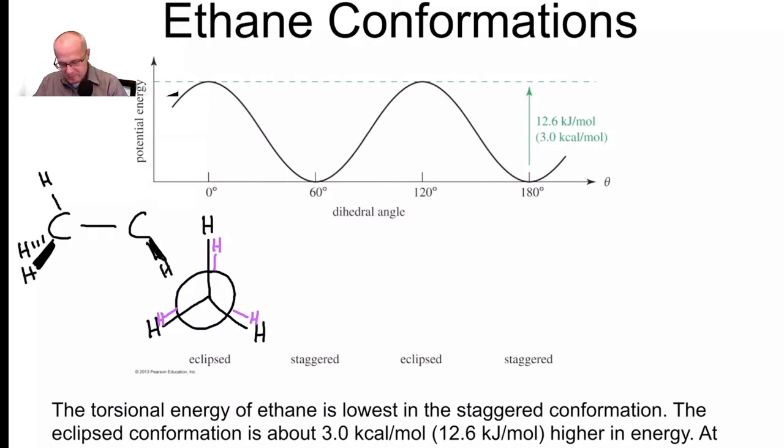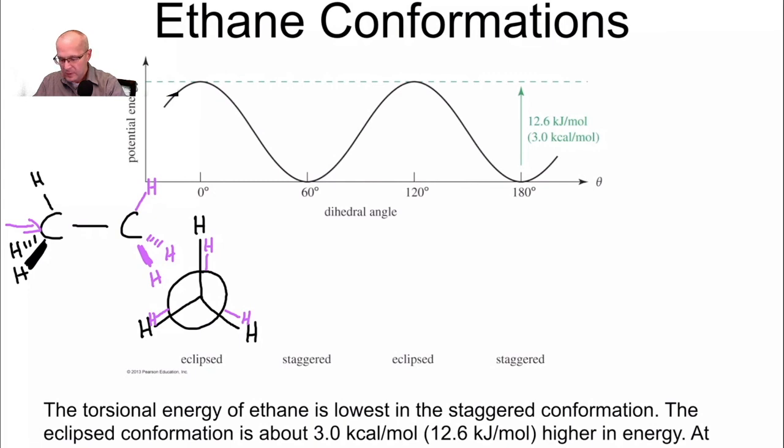Let me use a different color. Now this is eclipsed, where if you were looking, say, from here, you're looking straight down this bond here, what you would be seeing is this carbon and then this carbon behind it.